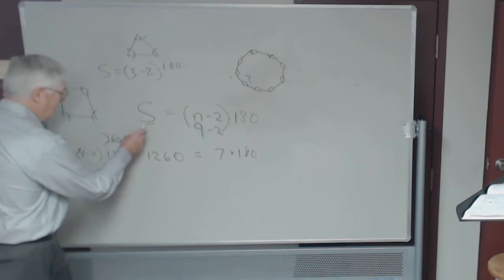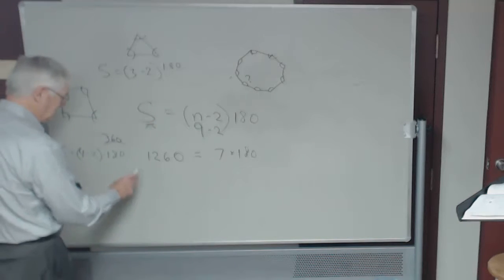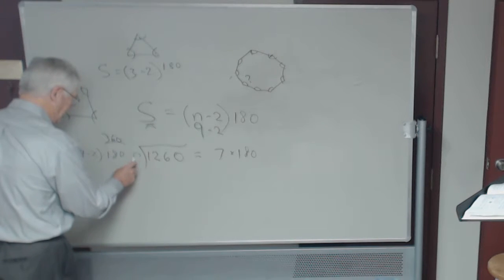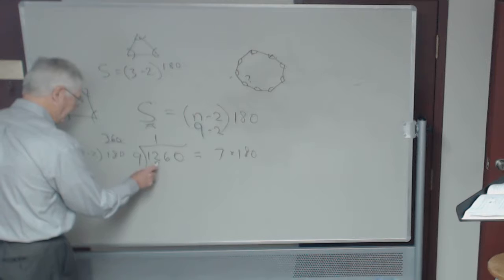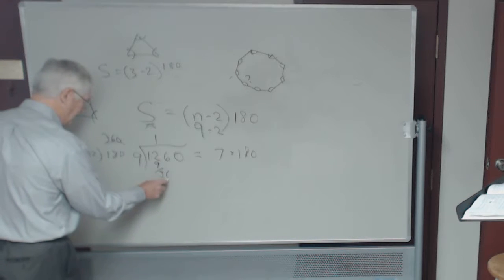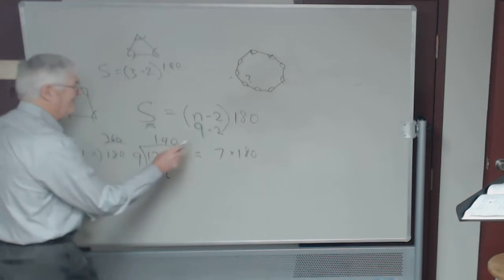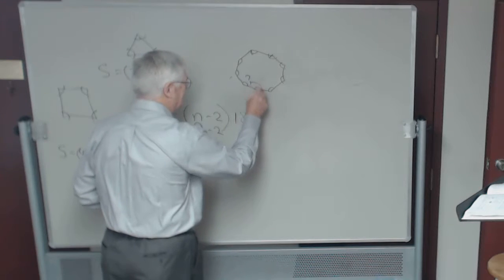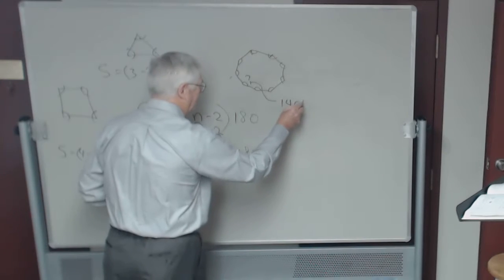And that's the sum of all 9 angles. So what would one angle be? 140. Well, look at that. So one of these angles is 140 degrees.